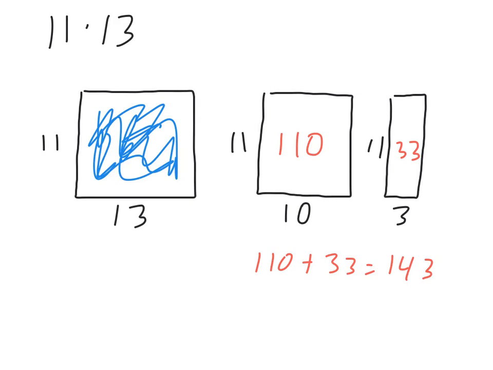And that's the same as this area over here. Because all we did was just drop a line through this rectangle and split it up into two smaller rectangles. And that's how the distributive property works. You just take something big and split it into two smaller parts, and then take it from there.